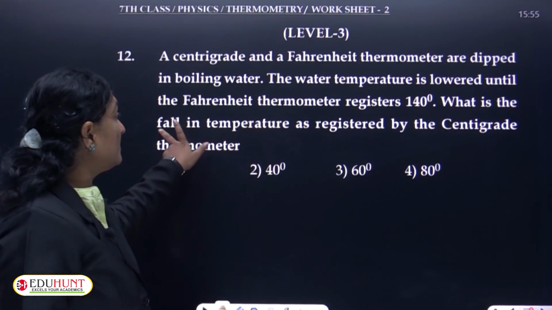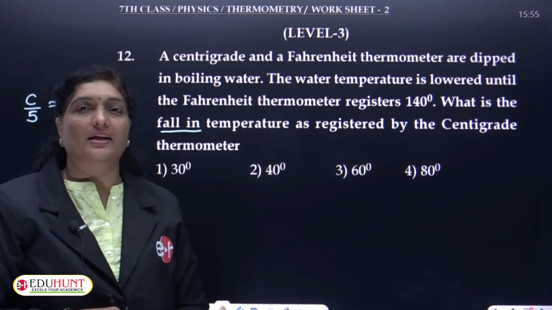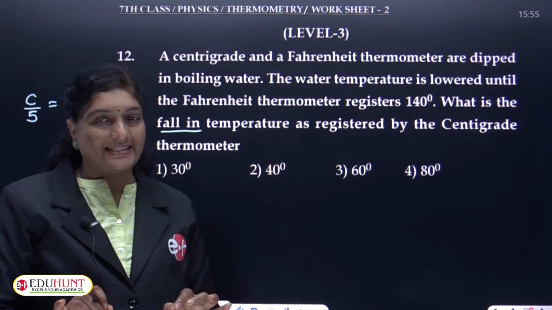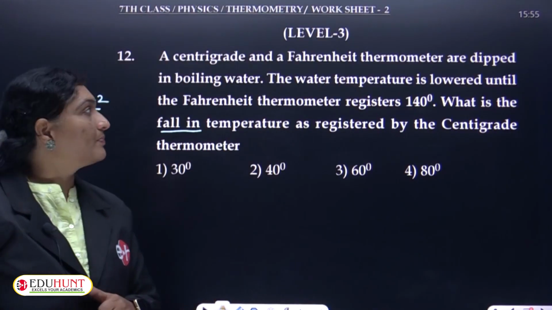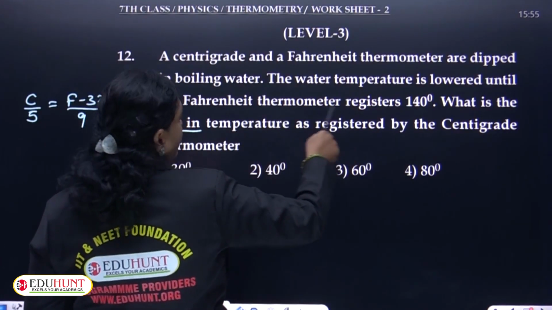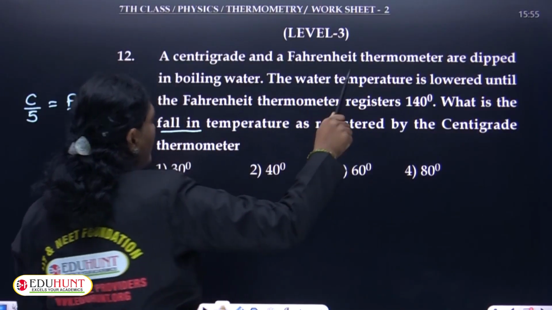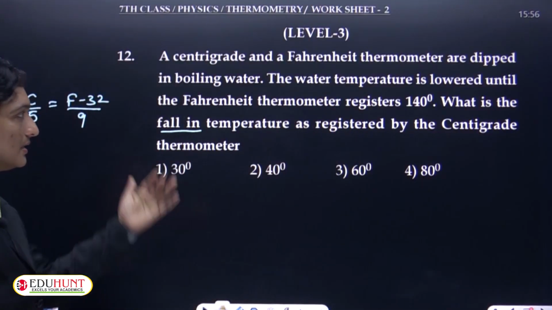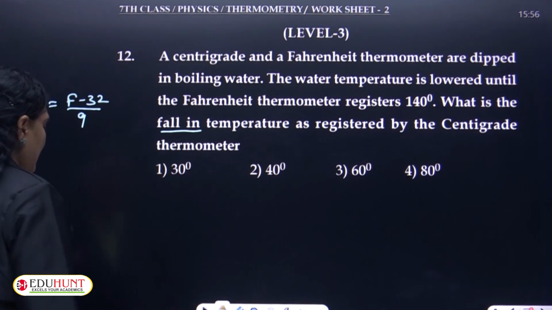So you're asked to find the fall in temperature, so the delta value, the difference in the temperature, not directly C. Delta C and delta F. Because here it was also given that the water temperature is lowered until the Fahrenheit thermometer registers 140 degrees. So the difference in the temperature is now found to be 140 degrees.